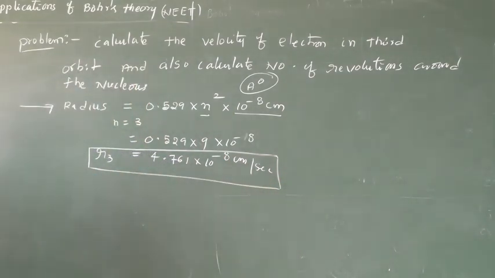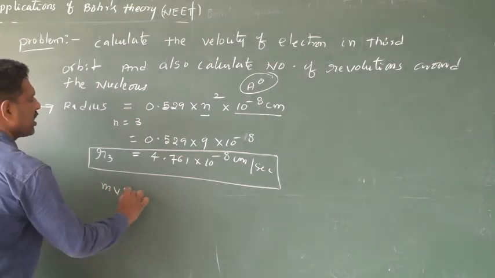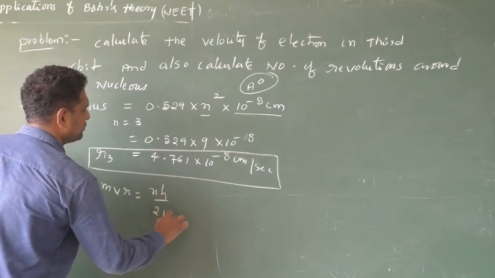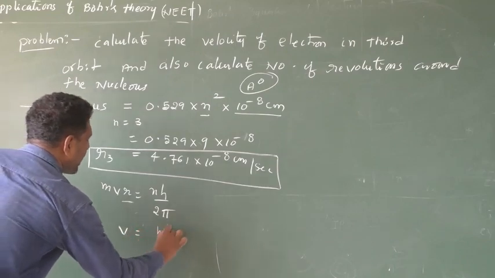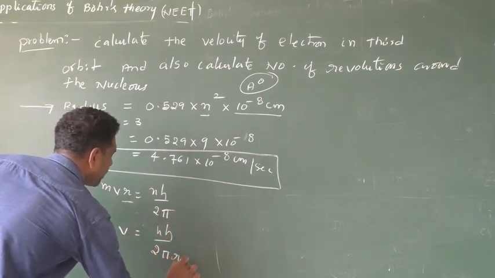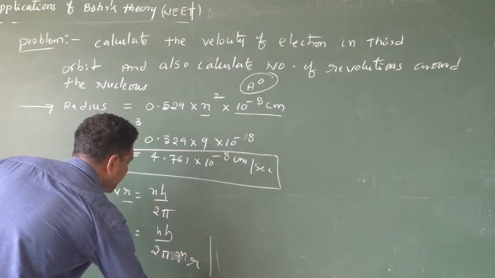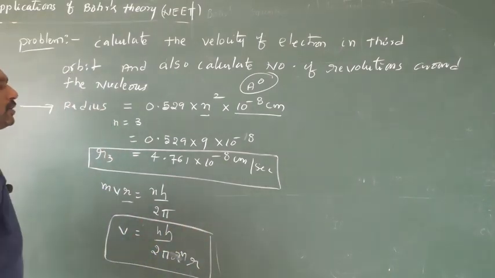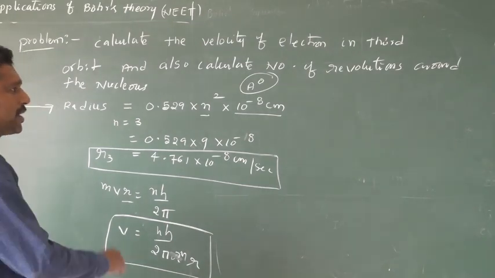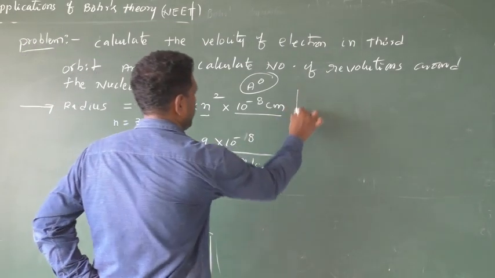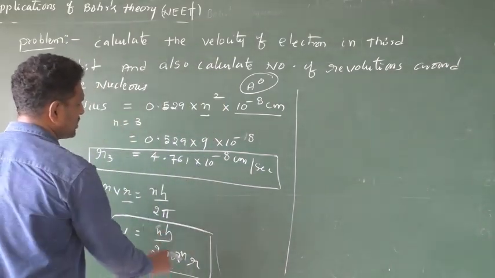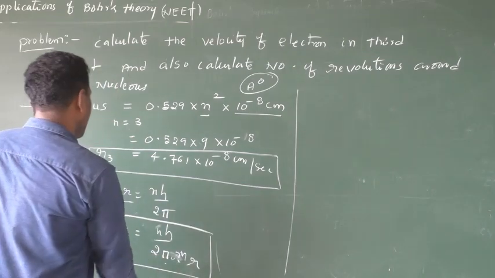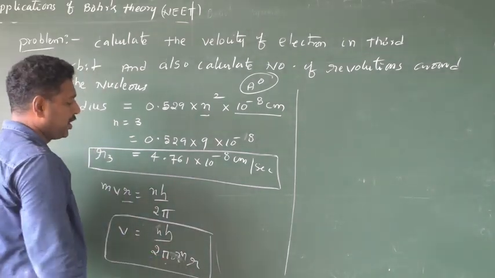Now calculate the velocity in the third orbit. MVR equal to nh by 2 pi. R is already calculated. Therefore, V equal to nh by 2 pi mr. By substituting all these values, n is 3, h is 6.625, 2 pi, and m, mass of electron, 9.1 into 10 power minus 28.